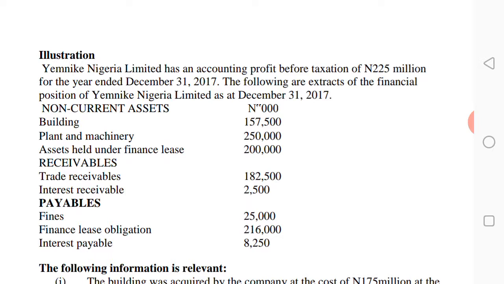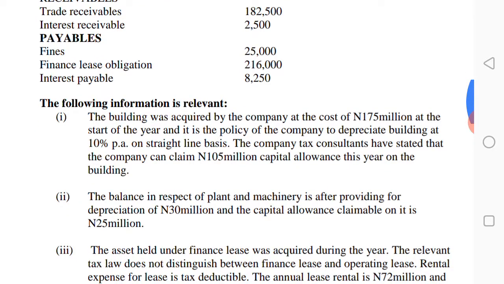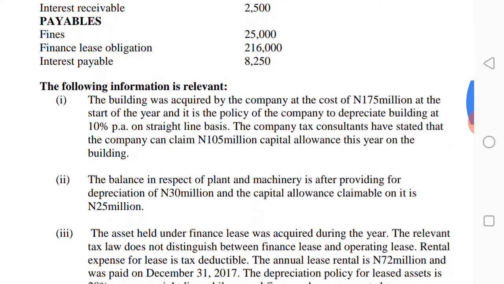These are the three non-current assets as at the year end, which is the carrying amount. Now, for these assets we look at the depreciation. The depreciation for building is 10%, and you're told the capital allowance is 105 million.